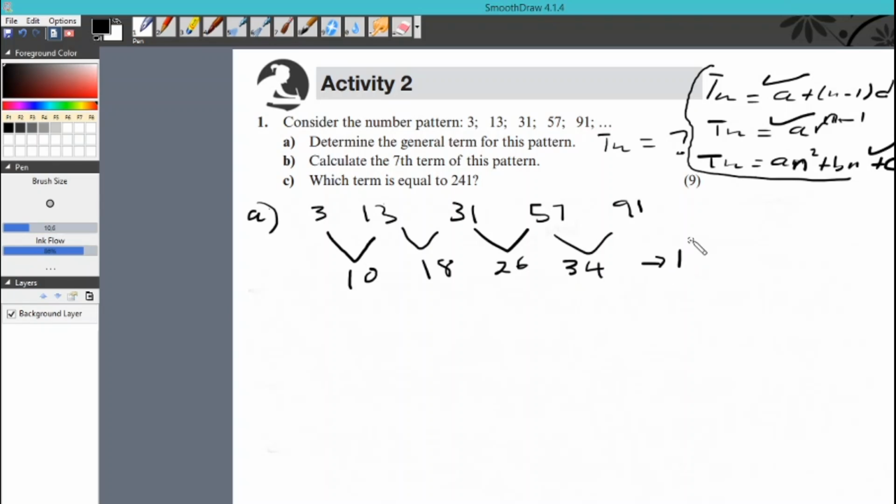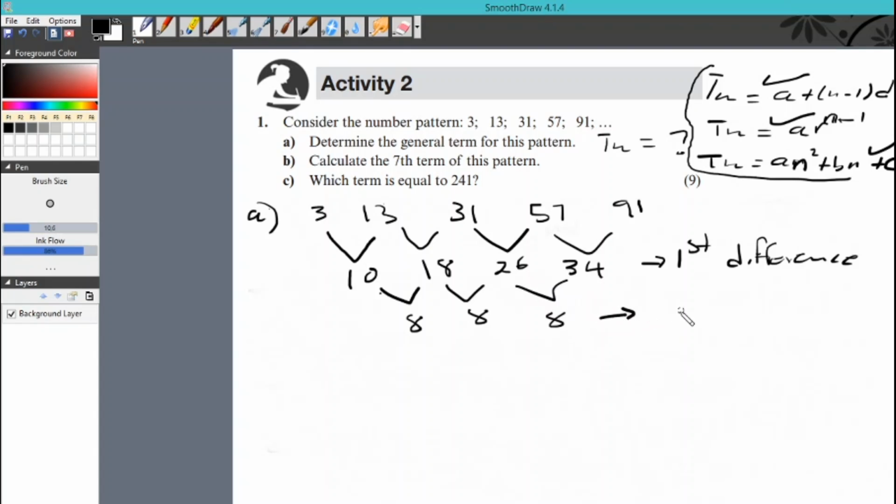So that is our first difference. And then we look for the common second difference: 18 minus 10 gives us 8, 26 minus 18 gives us 8, 34 minus 26 gives us 8.